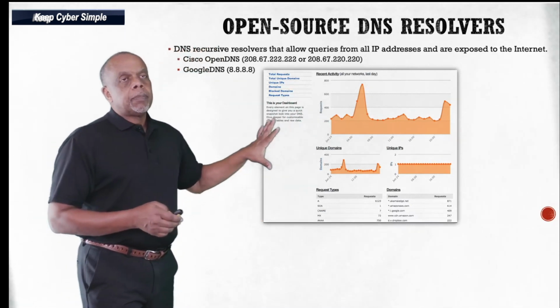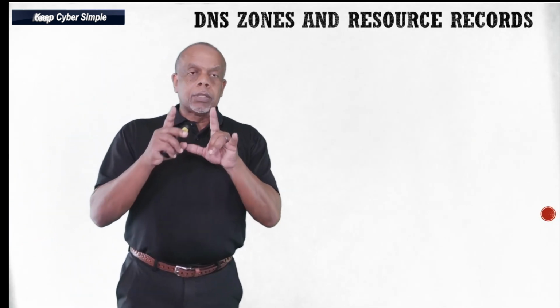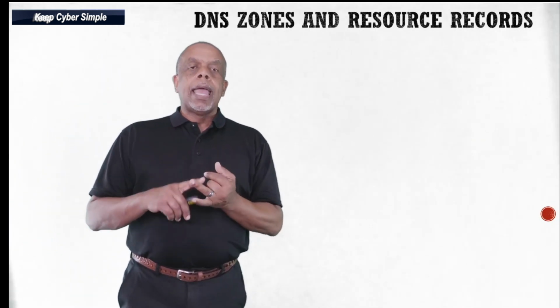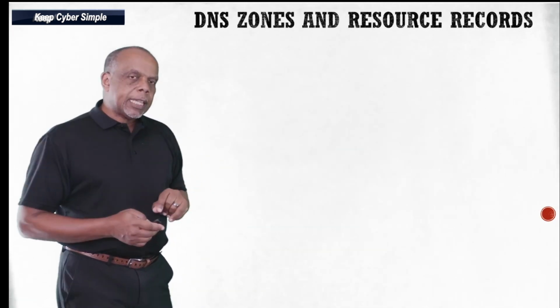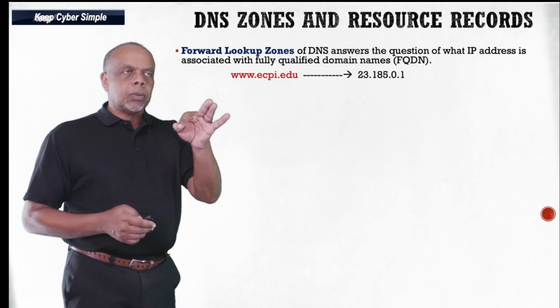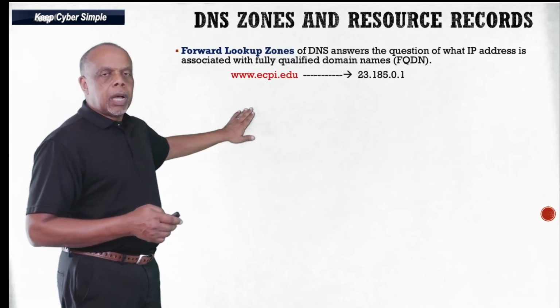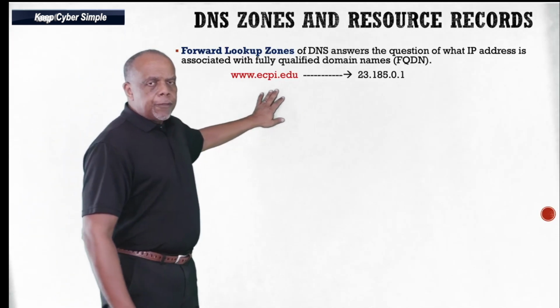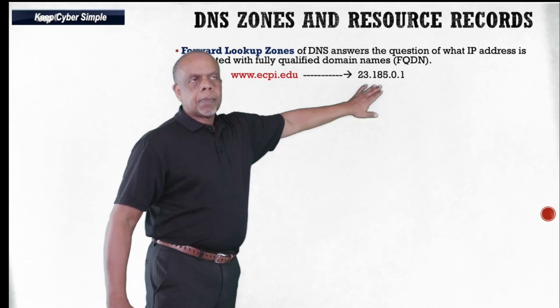Now, we've talked about the servers and the client sides, and let's talk about two other pieces: DNS zones and records, okay? There are basically two types of DNS zones. A forward lookup zone is where we try to resolve a fully qualified domain name to an IP address.